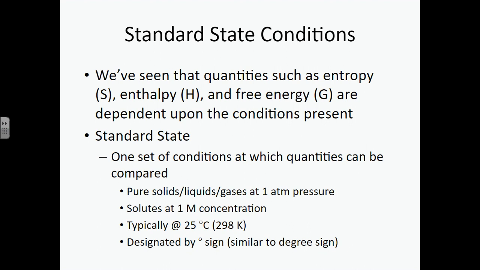They're typically at 25 degrees Celsius, which equates to 298 Kelvin, and they're designated by the naught sign, similar to the degree sign, but it tells you that they have a specific set of conditions. And those are the set of conditions that they use to calculate the values for these G, S, and H.